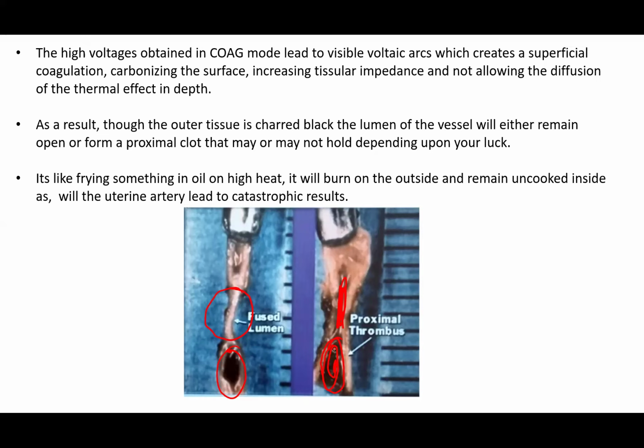If you are frying a chicken and you use a very high temperature, the outer part will look fried immediately, but the inner part will still be raw. The heat will not penetrate to the core. But if you are using a low and steady heat, the heat will go in depth and cook the core of what you are frying.